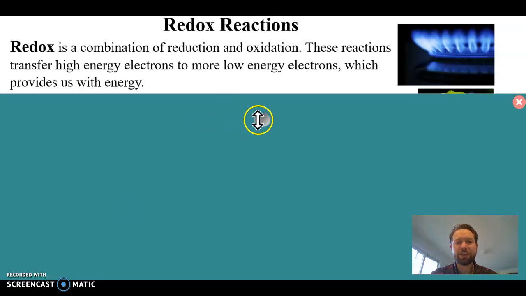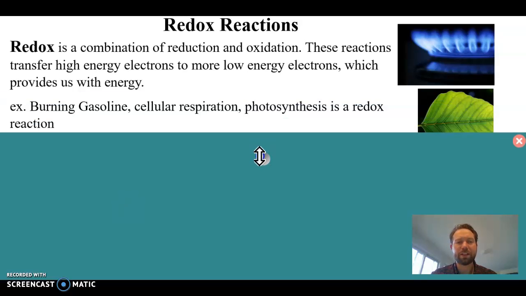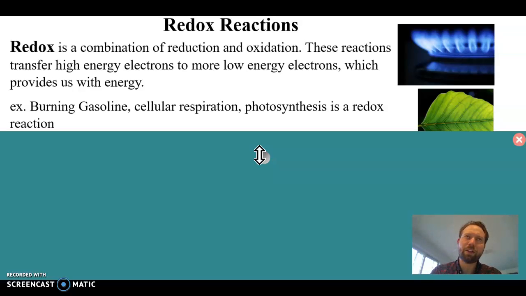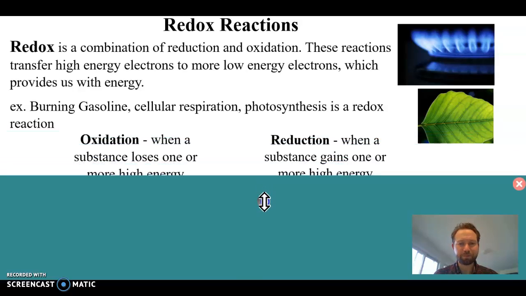This is really foundational to a lot of different processes that we know: burning gasoline, cellular respiration, if you study a little bit about the electron transport chain, photosynthesis, and all of those are redox reactions. So it's a very important process, and we're going to be applying this to art in our chemistry class.